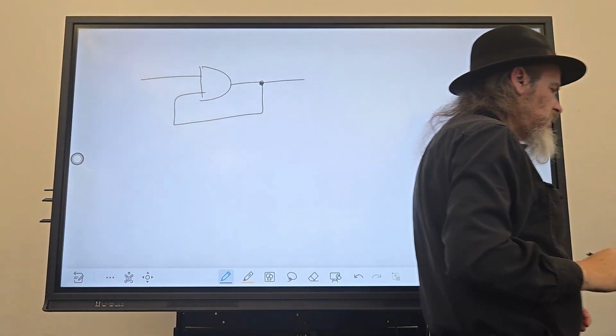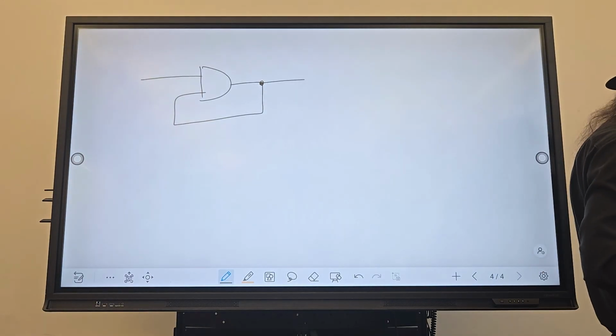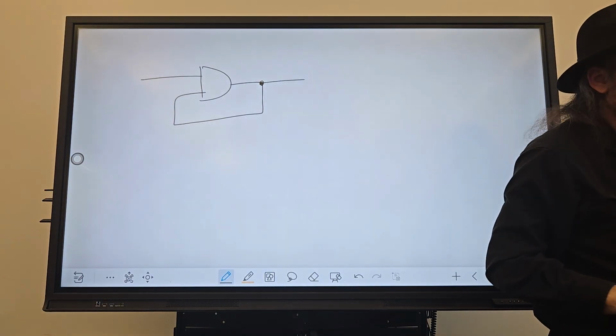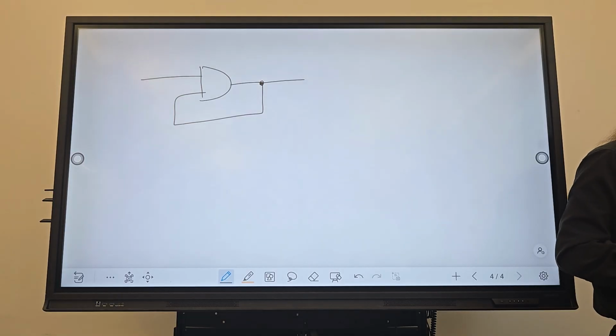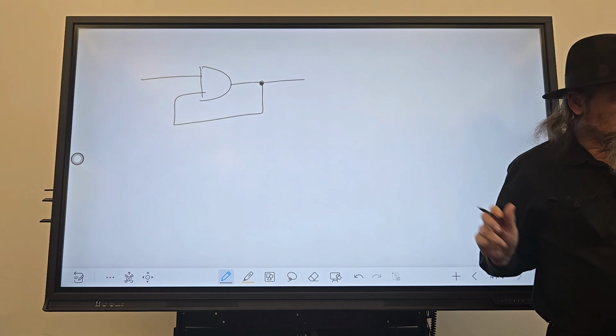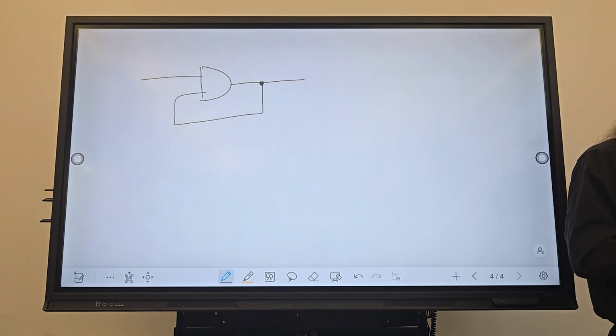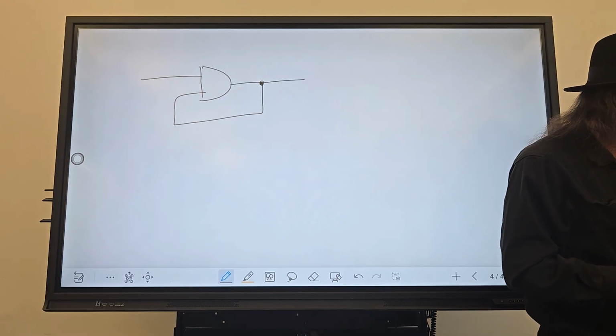That type of circuit is used in sequential logic, but in combinational circuits, that is not allowed. So those are the general rules for combinational circuits.